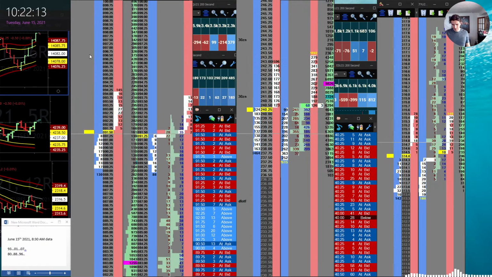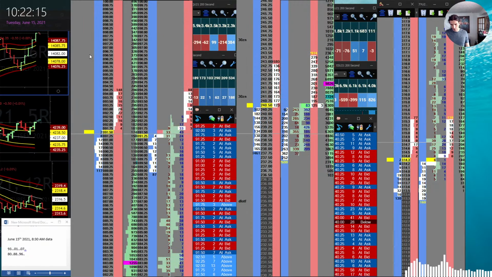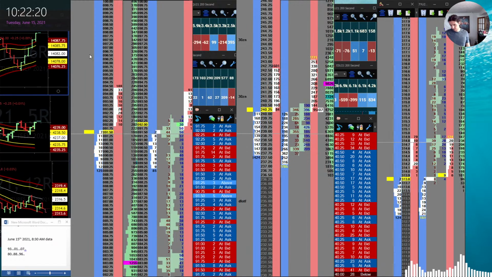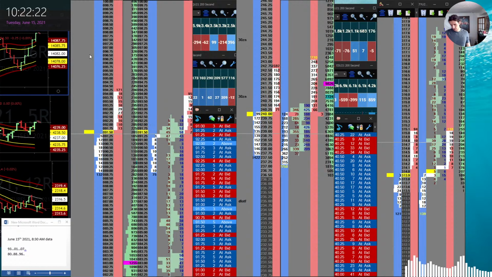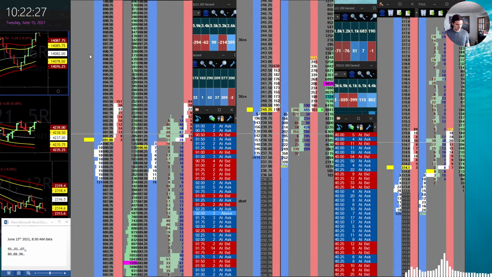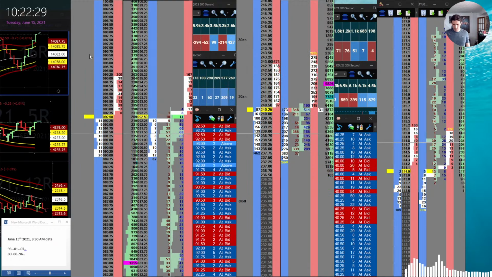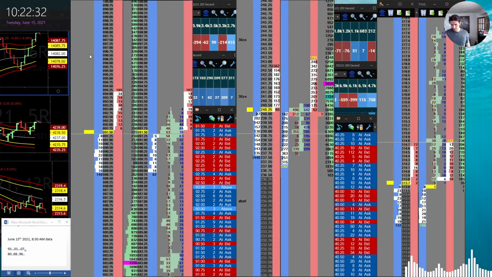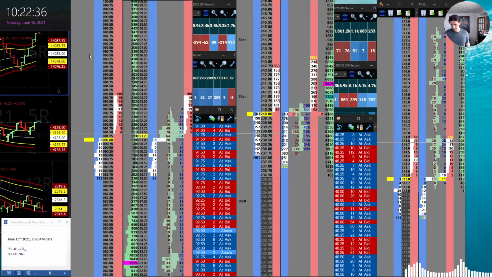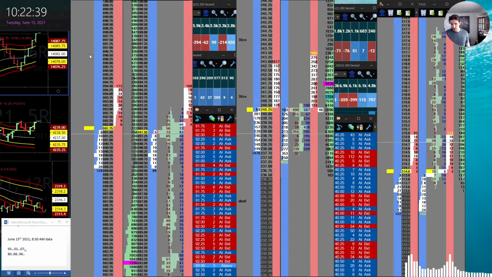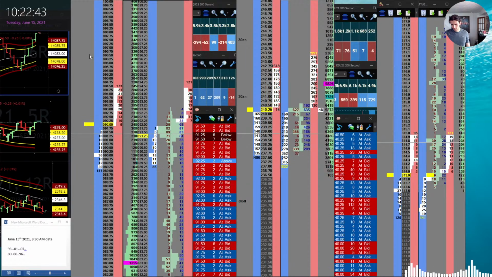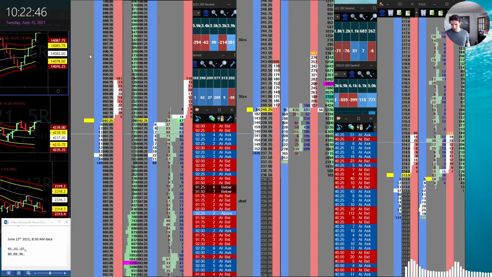Okay, so we're moving up. 92 3/4. Remember that 93 zone? That was it. Plus 200 up to that. Traded 93 to the tick there. Pretty good bid.